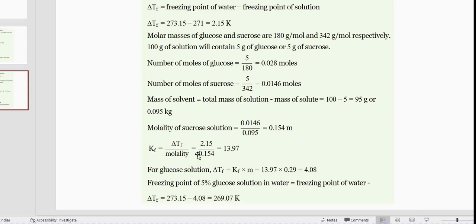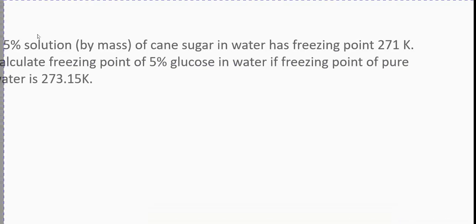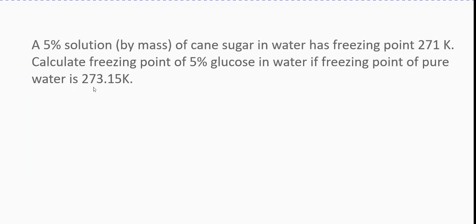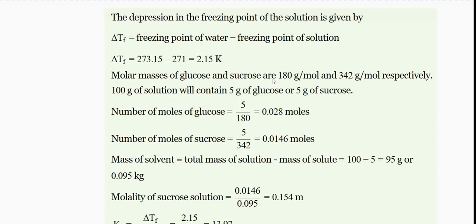Let me go to the question again. Listen here. A solution, 5% by mass of cane sugar in water, has a freezing point of 271 Kelvin, and the freezing point of pure water is 273.15 Kelvin. Now, by using these two values, we should calculate the freezing point of 5% glucose in water. Right? Again, coming to the solution here.